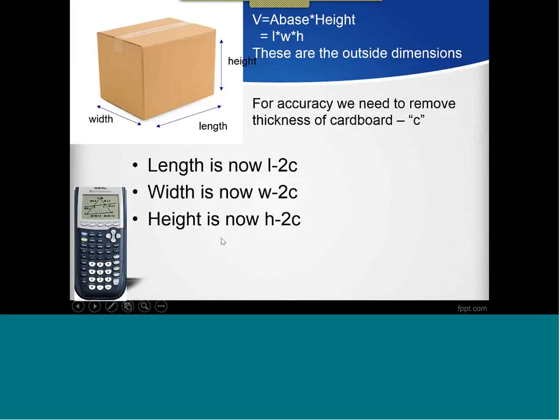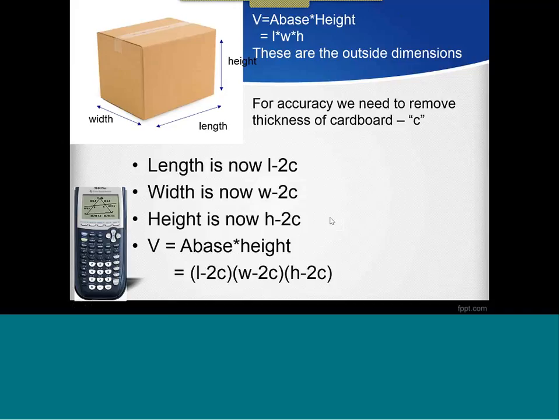And of course my height is now my height on the outside minus the thickness of the cardboard top and bottom. So using that and my area of base times height, I now have length minus twice the cardboard width, width minus twice the cardboard, and height minus twice the cardboard, and I'm multiplying. So it's not quite as easy a question in terms of the calculations.